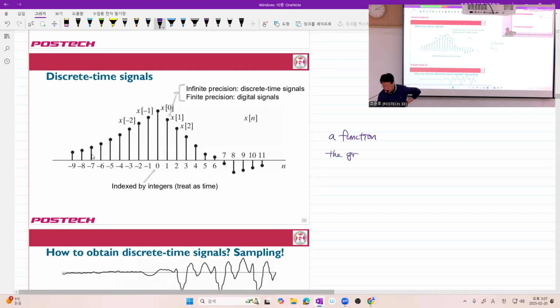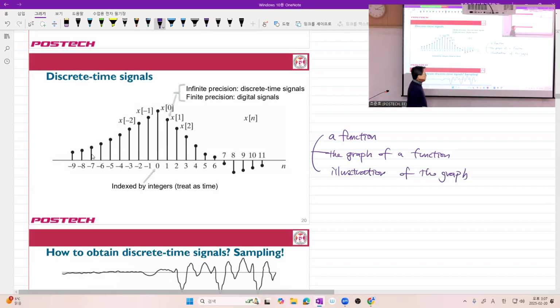The graph of a function and the illustration of the graph. These are actually different, but our Korean math education was not pursuing that accuracy.